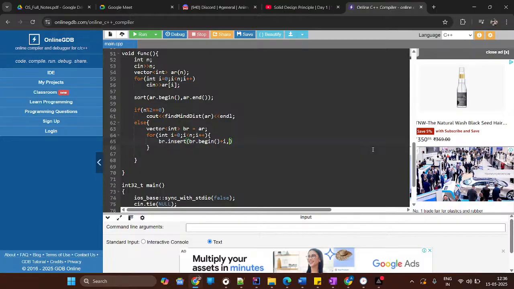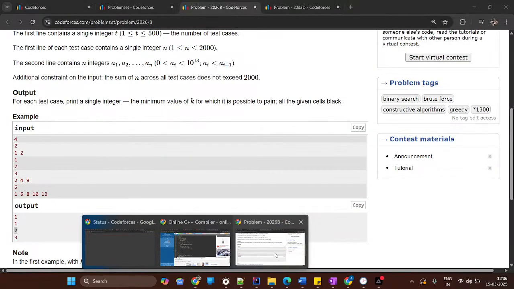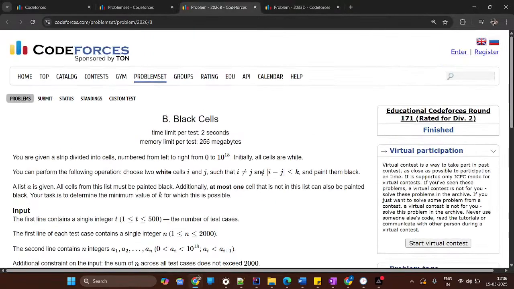If I insert here, I'm basically targeting 1.